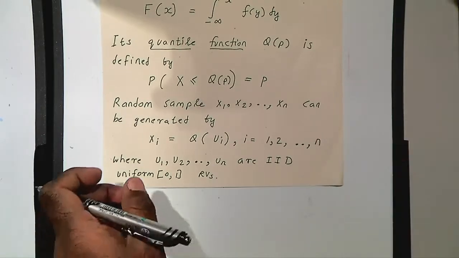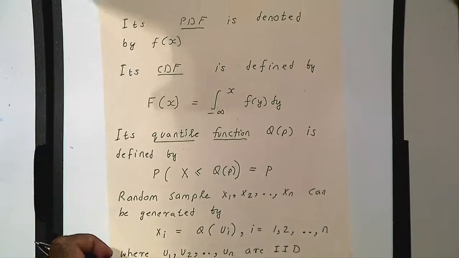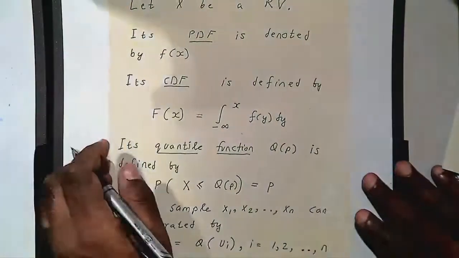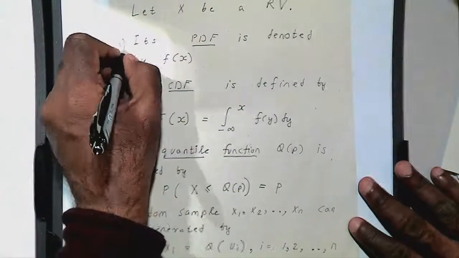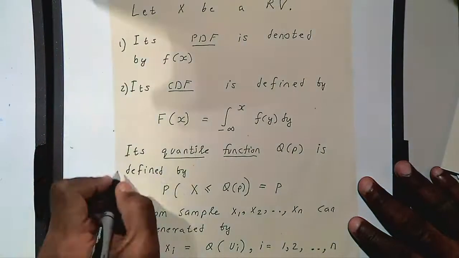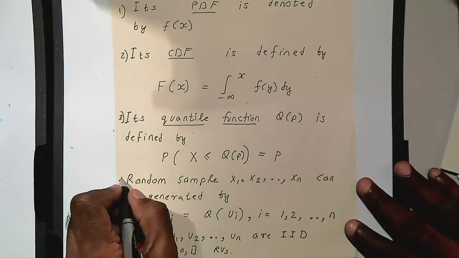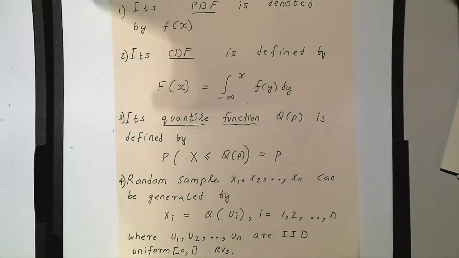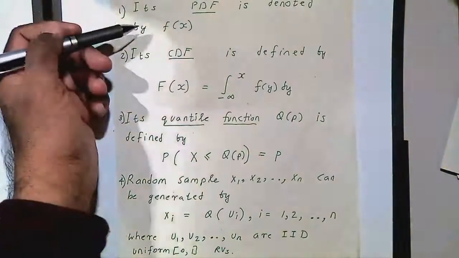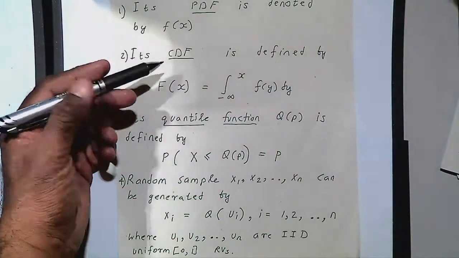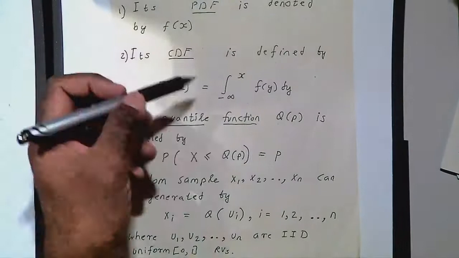There are 4 things you need to know. Come on, guys. Can you be a little bit early if you're coming, guys? There are 4 things you need to know for any random variable. Number 1, if it is a continuous variable, is the PDF, right? Number 2 is the CDF, which is defined by this.